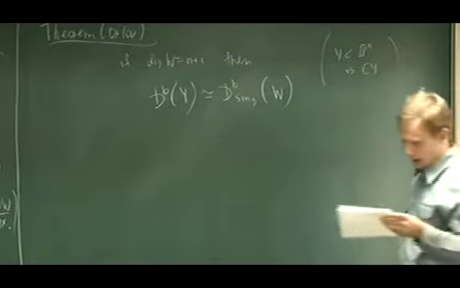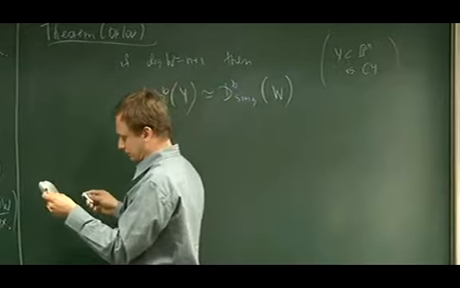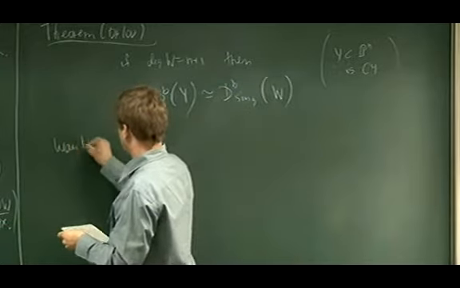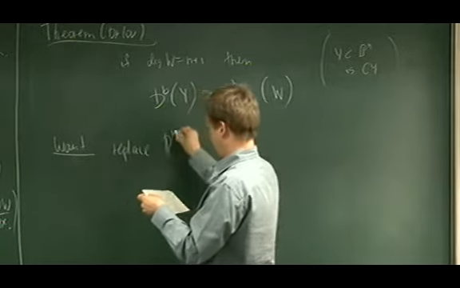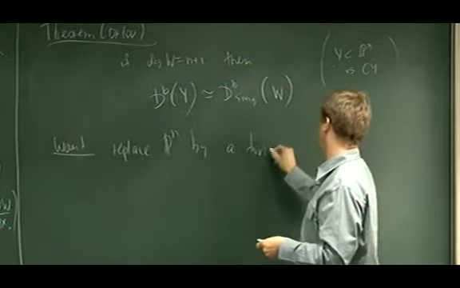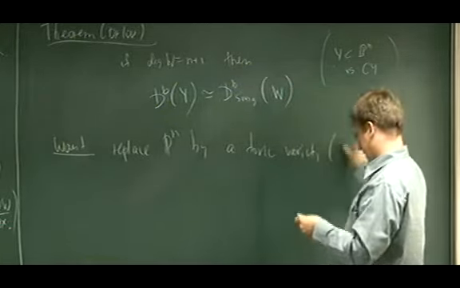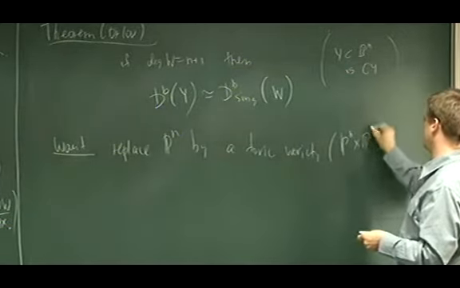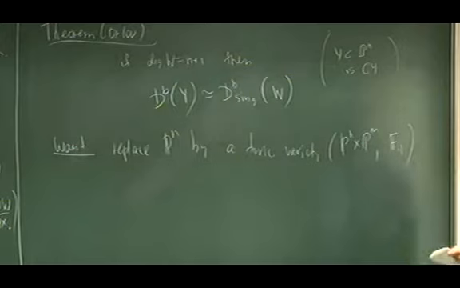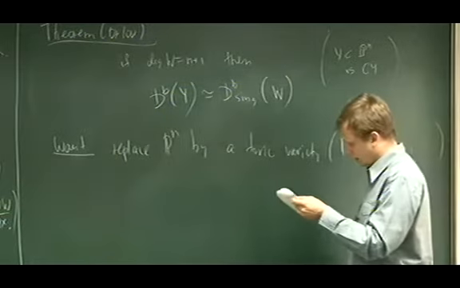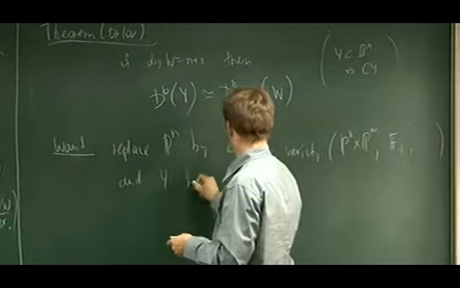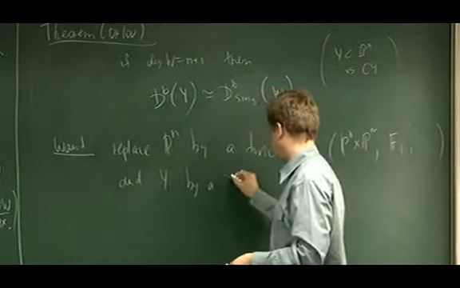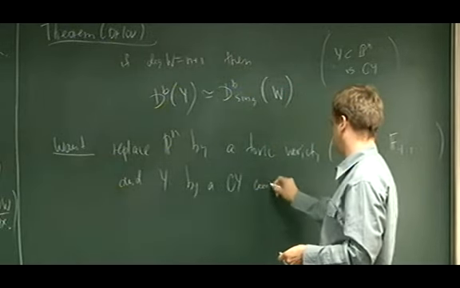So our joint work with Jeremy Picharic started with this attempt to replace Pn by a toric variety, such as, say, a product of projective spaces, or the Hirzebruch surface F1, etc., and Y by a Calabi-Yau complete intersection of hypersurfaces.